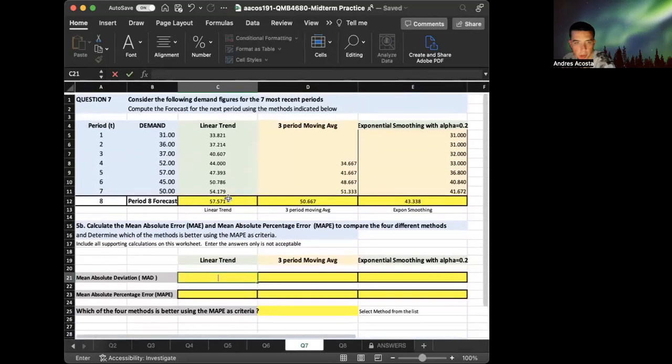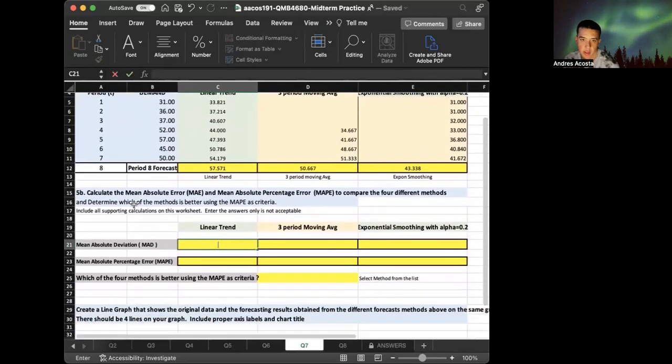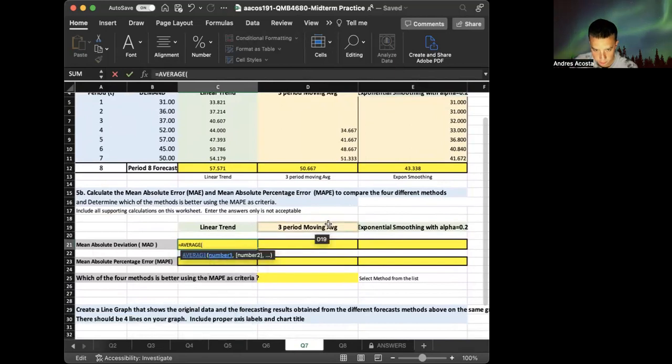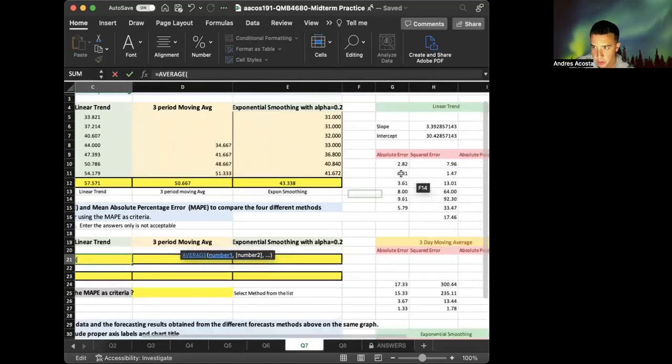So now for part B of question 7, it says to calculate the mean absolute error and the mean absolute percentage error to compare the 4 different methods. So for a linear trend, we'll click here, equals, and it says mean, and whenever you say mean, it means average. So you click average, and make sure it's our linear trend.